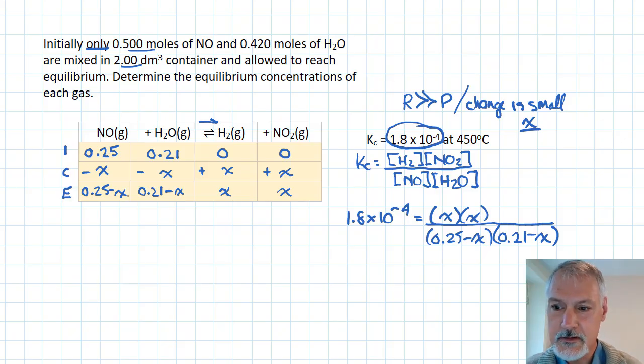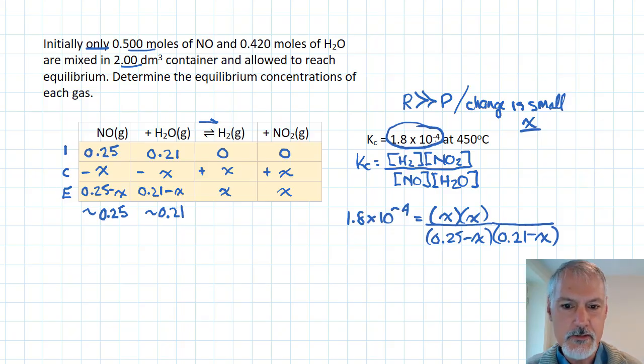And the simplification I'm going to make then is that if x is small, at equilibrium, the concentration of nitrogen monoxide is going to be almost the same number. Similarly here, this isn't going to change by much. My reactants change will be small.